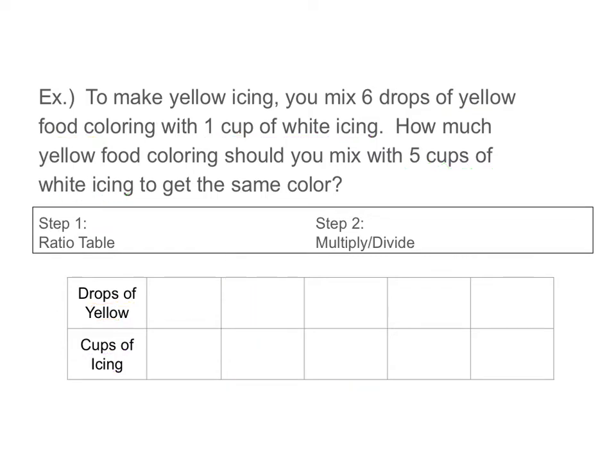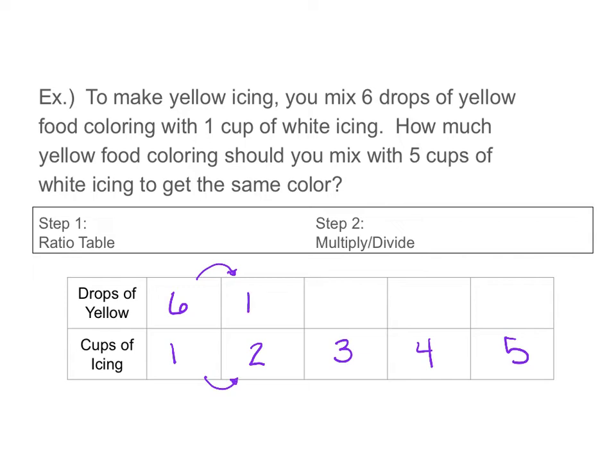This is the same problem, but I just wanted to show you another way we could do this. We can start by doing the 6 drops of yellow to 1 cup. And if we change it to 2 cups, then 3 cups, 4 cups, and then 5 cups, this is another way to do it. To get from here to here, I would multiply by 2, or I'm adding 6 each time.